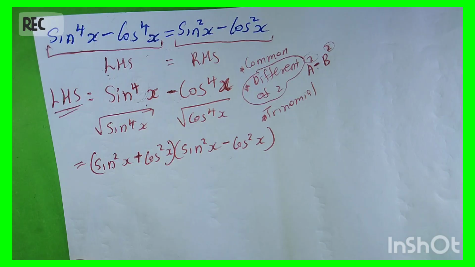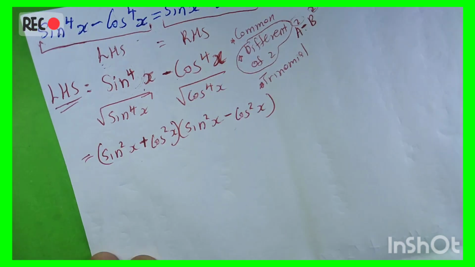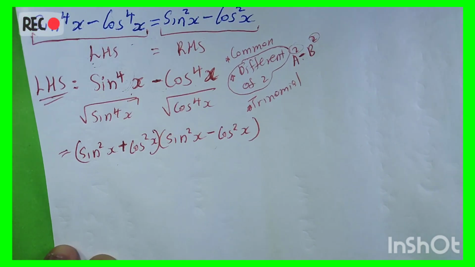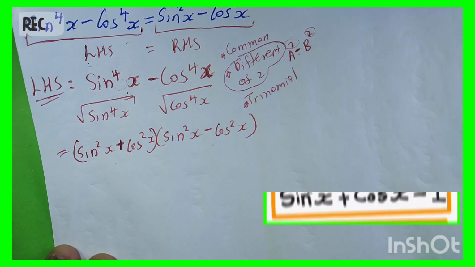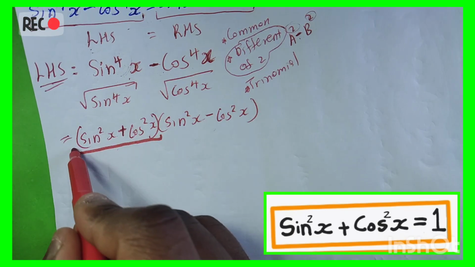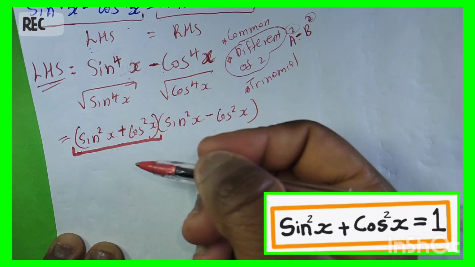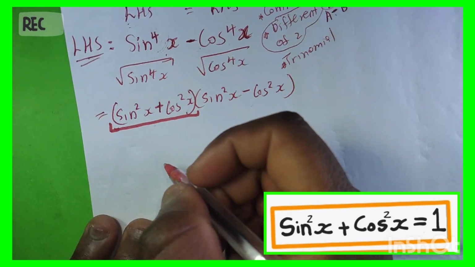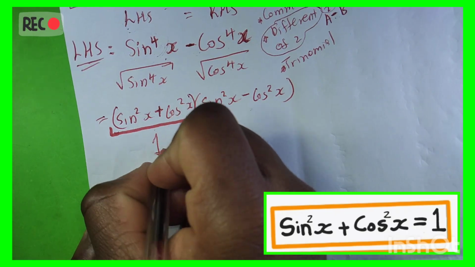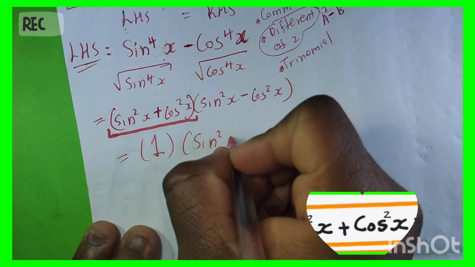And now what I need you guys to understand is this one. I don't see my blue pen, but I'll just use this. Here I can see all of this thing there. It's what we call an identity. And all of that thing there is supposed to give me what? It's supposed to give me 1.